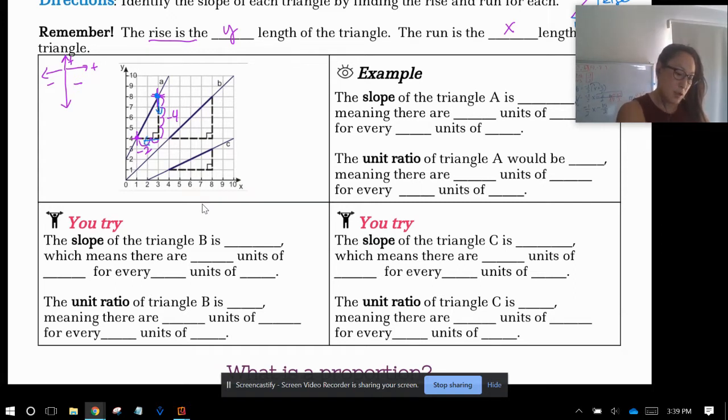So the slope of my triangle is -4 over -2, which I can simplify to 2 over 1. So this means that there are 2 units of y in my triangle, or the rise, for every 1 unit of run, which is the x. I switched those.